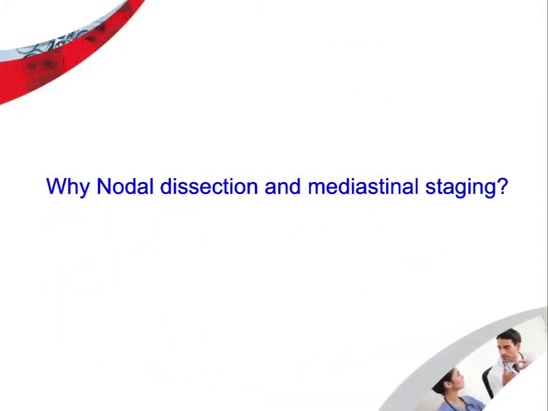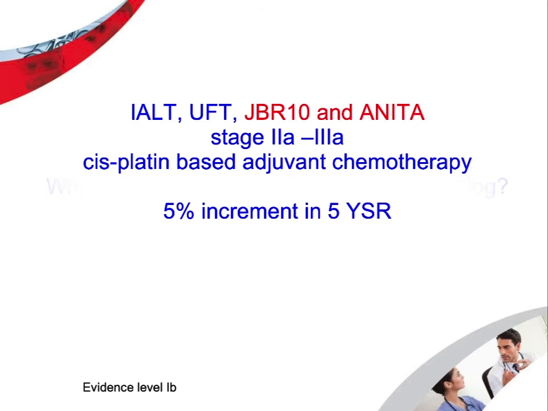And why is this agreement? What is good about nodal dissection? What does it do? What is the rationale? It was shown by good evidence of meta-analysis that in stage 2A and 3A, if you follow surgery by adjuvant chemotherapy, the 5-year survival improves by 5%.